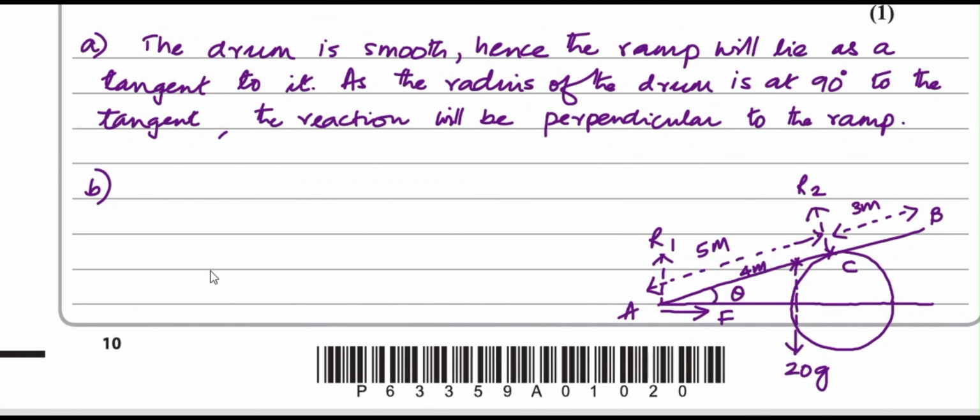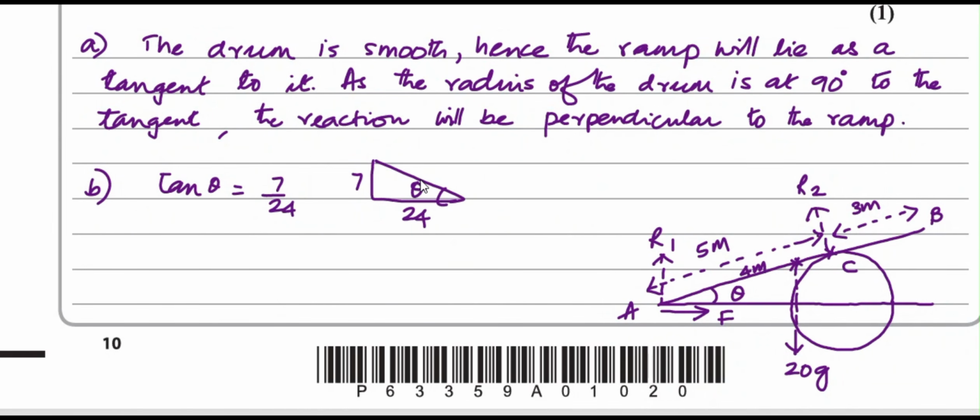Okay, the question tells us that tan theta is equal to 7/24. Therefore, drawing a right angle triangle and labeling this angle as theta, this should be 7 and this should be 24.